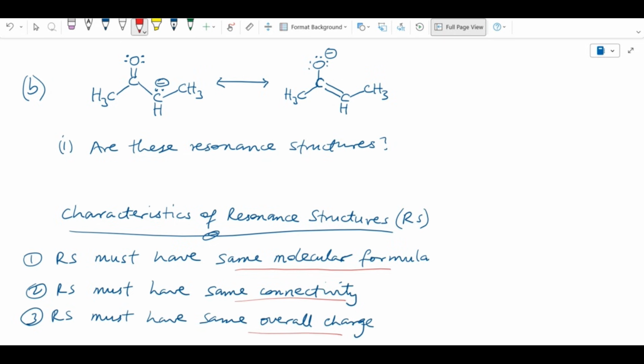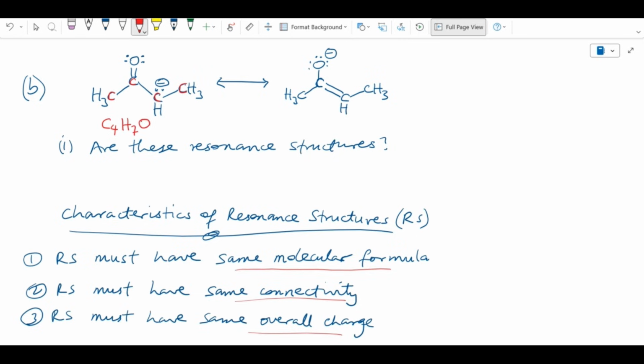So in terms of molecular formula, for the compound on the left, we have 1, 2, 3, oh, actually 4 carbons. So C4. How many hydrogens do we have? We have 3, 6, 7. 7 hydrogens. So C4H7.